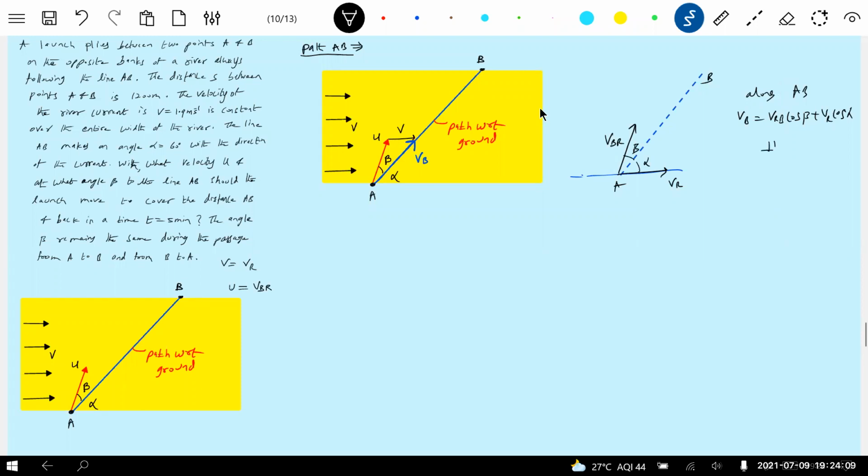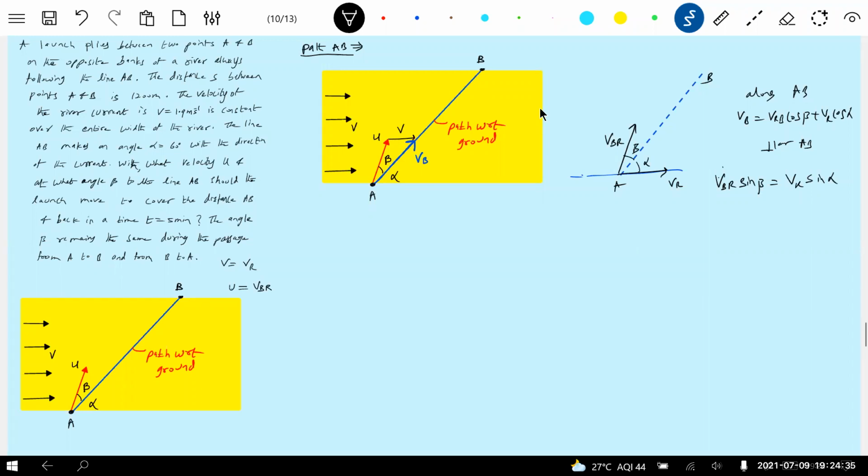Perpendicular to AB, the resultant velocity should be 0. So VBR sin beta equals VR sin alpha. Alpha we know, VBR we know, VR we know. Beta is the unknown, we can calculate from this.